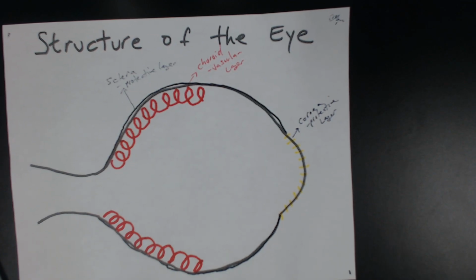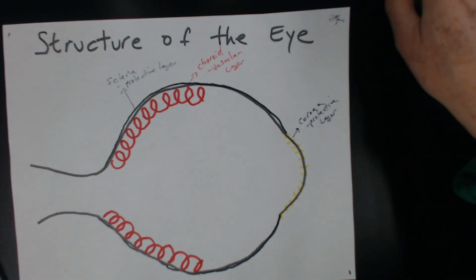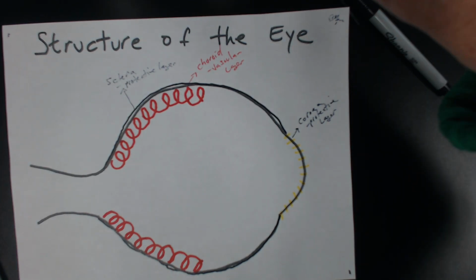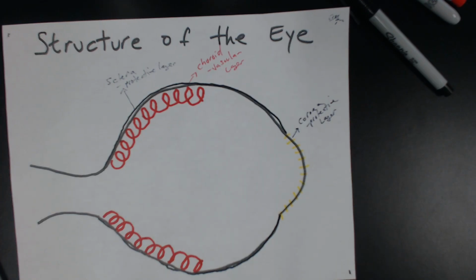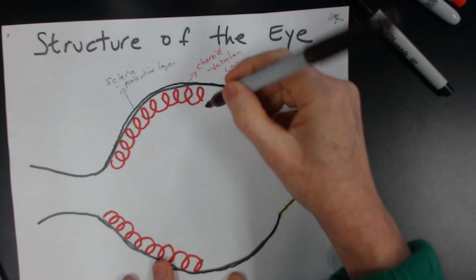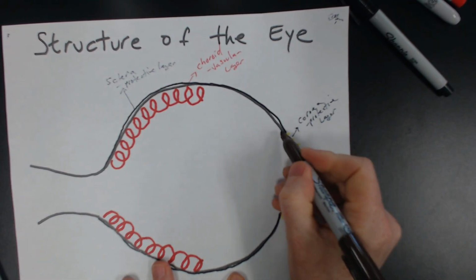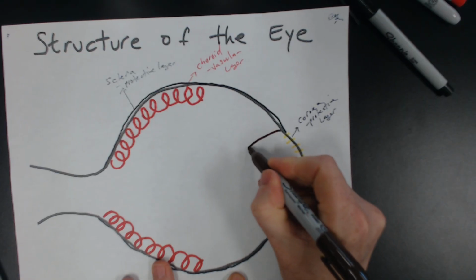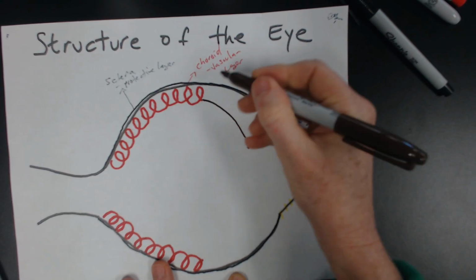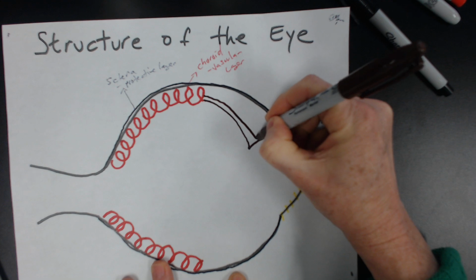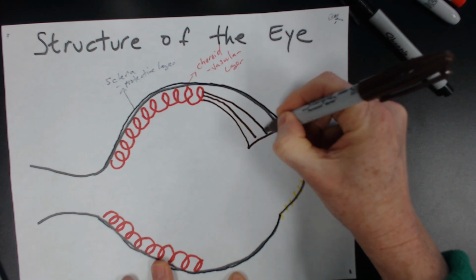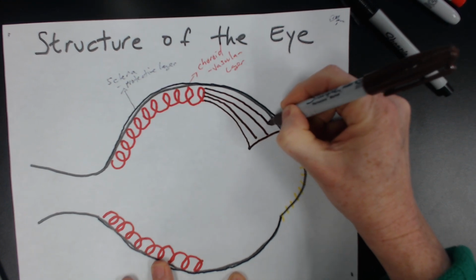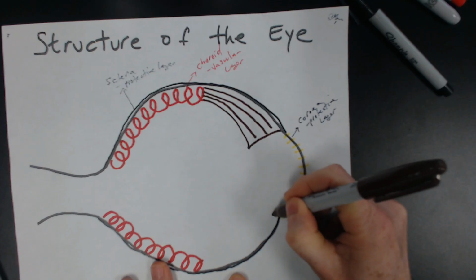Coming inside the eyeball, you have your next layer, which is a vascular layer. And as that vascular layer proceeds forward, it starts to thicken, and that thickening really turns into a muscle. And then here is the muscle. So it's just a thickening of the choroid that turns into a muscle. It's also part of the vascular layer.